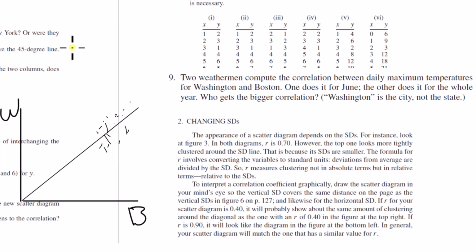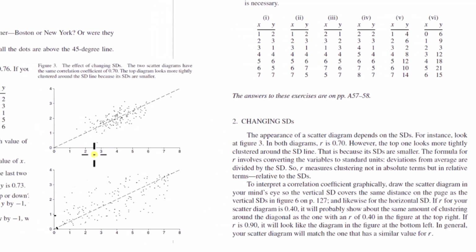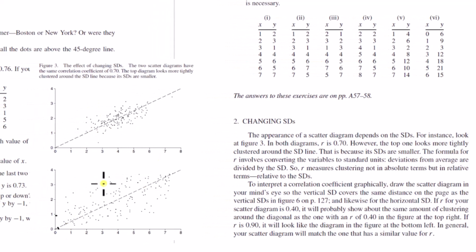We didn't all of a sudden spread this out more in the increased range. No, it had the same spread, just a larger range. Well, in that case, that's going to increase the correlation coefficient, right? In the same way that if we started here and we increased this range, but made this more tightly packed, the same level of compactness as this, well, that's going to be a higher correlation coefficient.